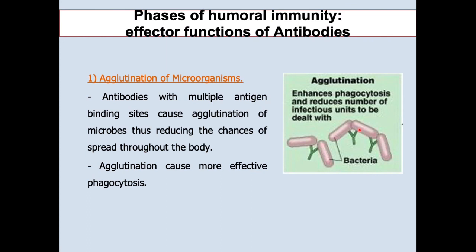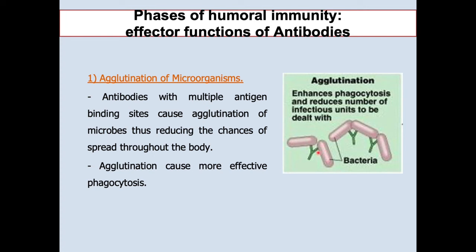So the first one is agglutination of microorganisms. The antibody in agglutination of microorganisms is basically the antibody produced by the plasma B cell. It targets the specific, for example here, bacteria.